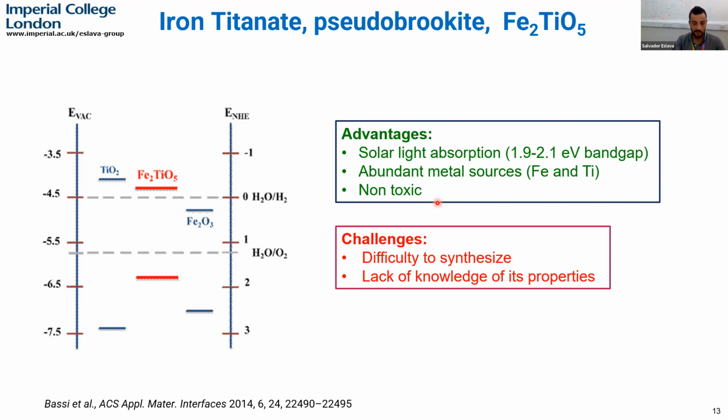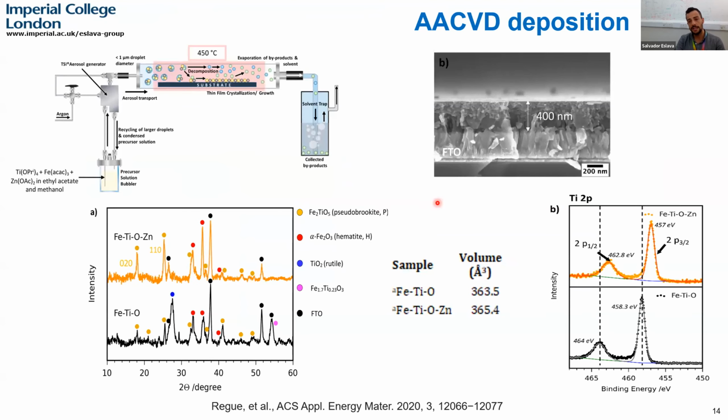We endeavored to study this material, and we used AACVD, aerosol-assisted chemical vapor deposition. And we found that using titanium isopropoxide and iron acetylacetonate in ethyl acetate and methanol was a good combination to prepare iron titanate-based films. But as you can see here, we have a lot of different phases.